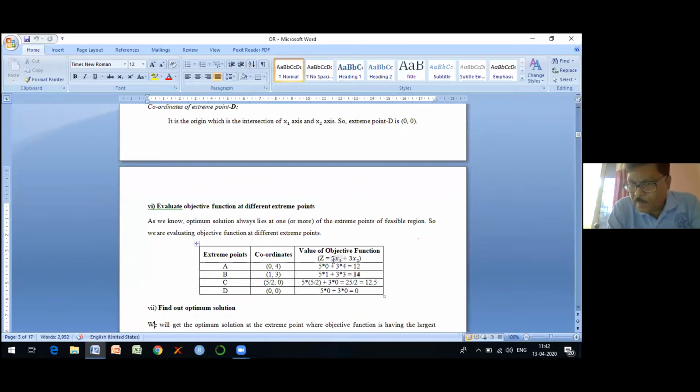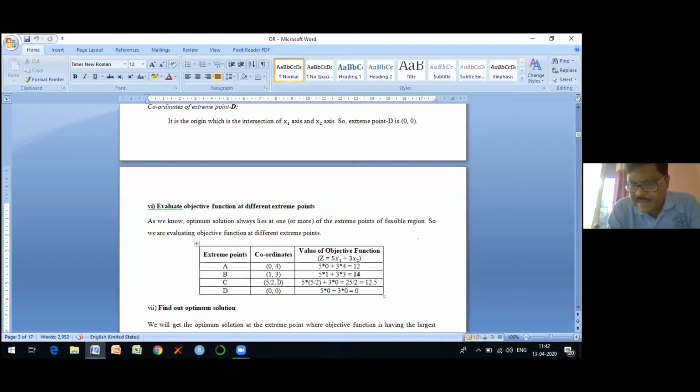So if we put the values of x1 and x2, in the first case we are getting 12, in the second case we are getting 14, in the third case we are getting 12.5, and in the fourth case we are getting 0. So where has the value become maximum? In the case of 1 and 3, the profit is maximum.